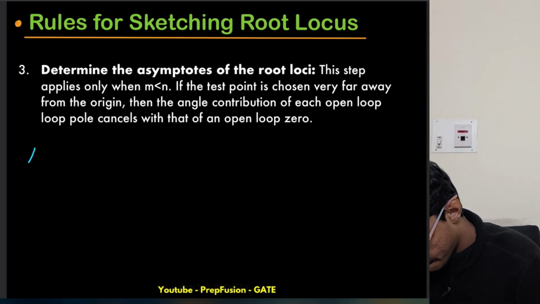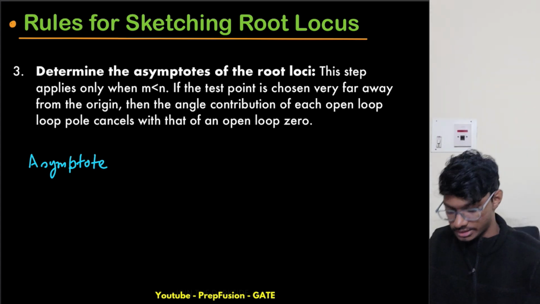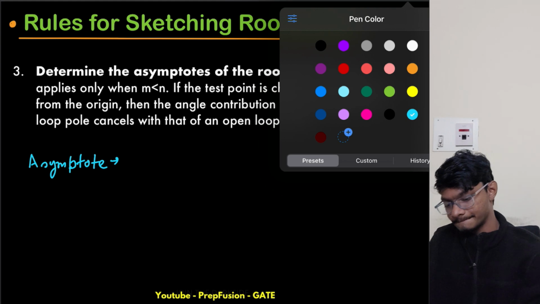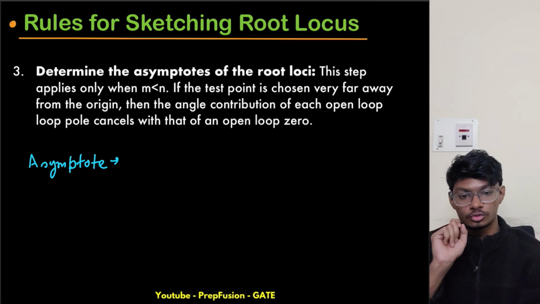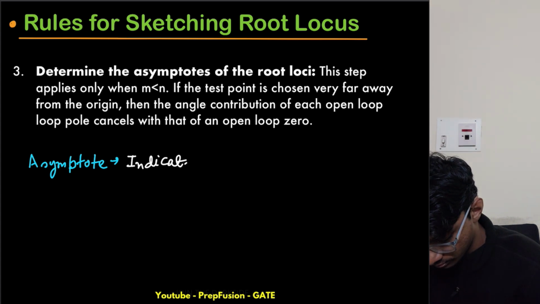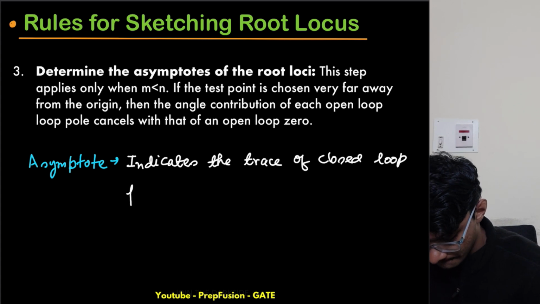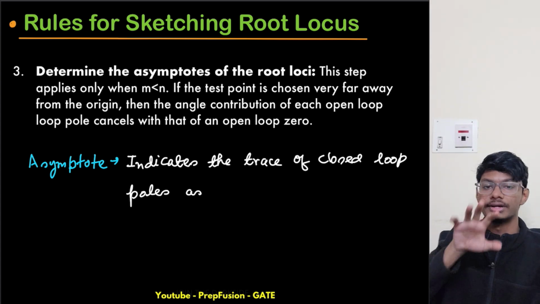So what is an asymptote? An asymptote indicates the trace of closed loop poles as my test point tends to infinity.